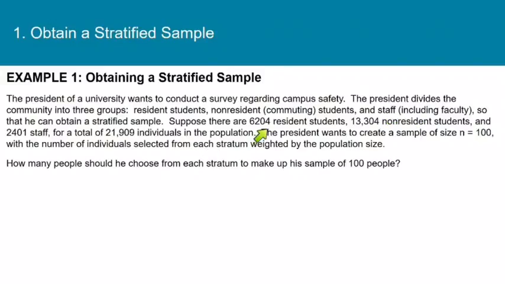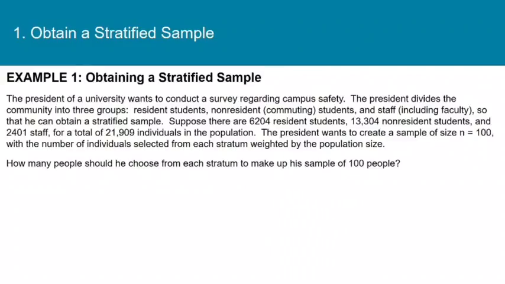So suppose there are 6,204 resident students, 13,304 non-resident students, and 2,401 staff, for a total of 21,909 individuals in the population. The president wants to create a sample of size n equals 100, with the number of individuals selected from each stratum weighted by population size. How many people should he choose from each stratum to make up his sample of 100 people?